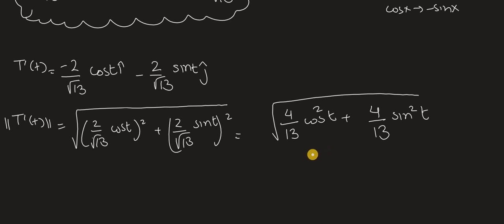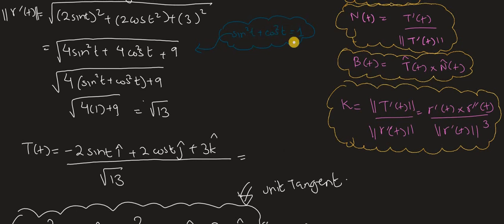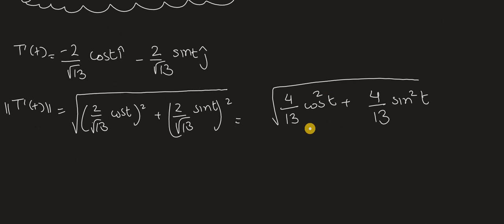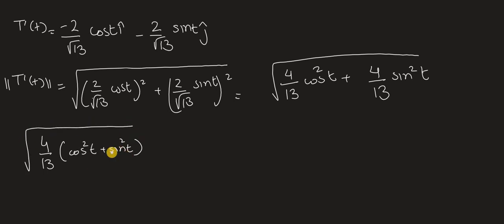Now, like I said before, we are going to use a trig identity to simplify it further. The trig identity that I used earlier, sine squared of t plus cosine squared of t is equal to 1, and to use that, first I'm going to have to factor out 4 over 13. So we can use that trig identity over here. I'm going to replace it with the identity, which gives us 1 here.